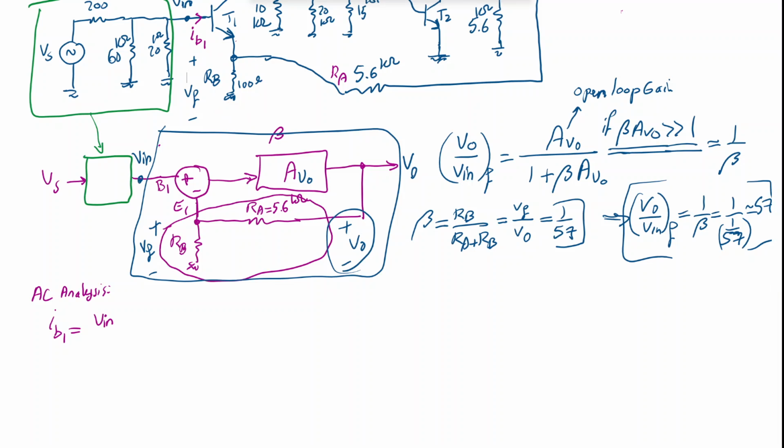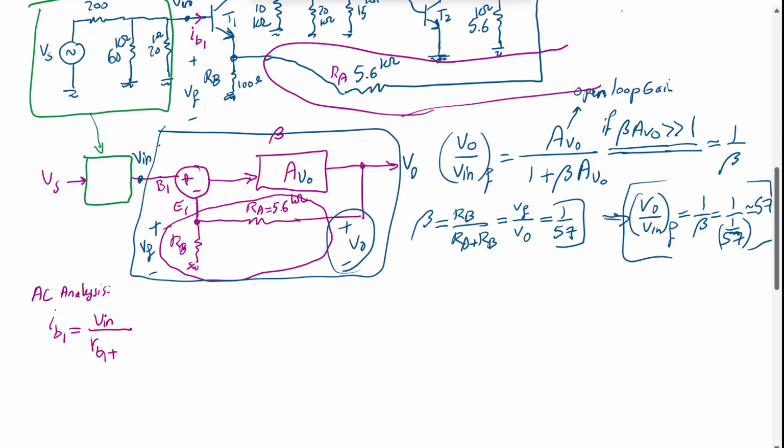What is that? We're going to have HIE or rpi basically, plus whatever resistor is seen here, AC wise. But the fact is we have RB of 100 ohm, and then we have a very large resistor, whatever it is, 5.6k, in series with something in parallel with RB. So we can neglect it because it is much, much larger than the 100 ohm in parallel. So it's roughly 100 ohm.